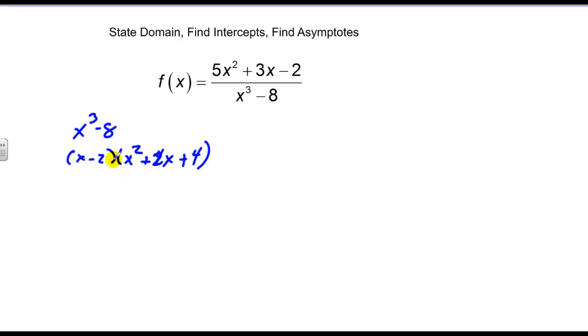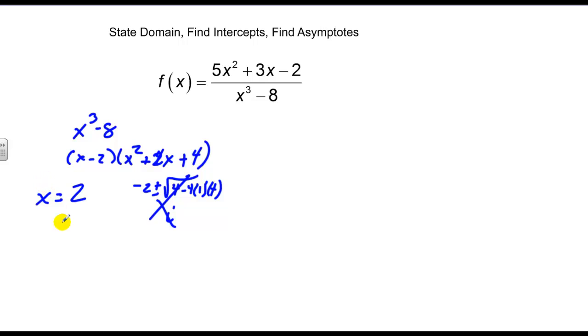When I find this guy, I get 2. This is going to have to be put into a quadratic, right? So I've got negative 2 plus or minus square root of 4 minus 4 times 1 times 4. Problem, this gets an i term. Nothing here.